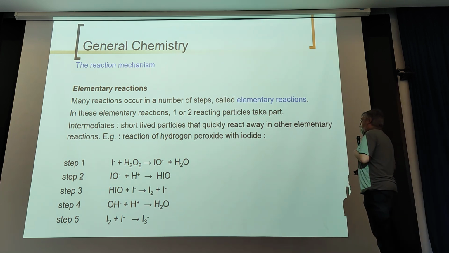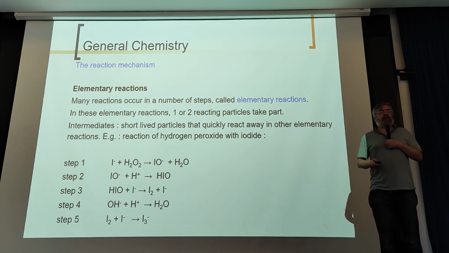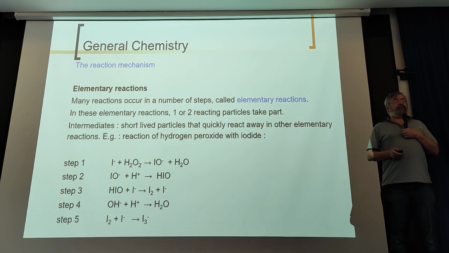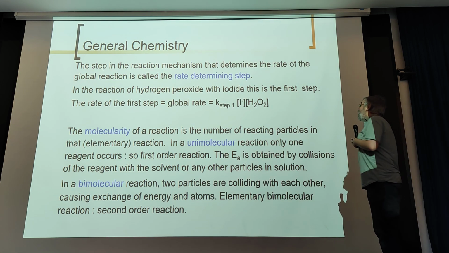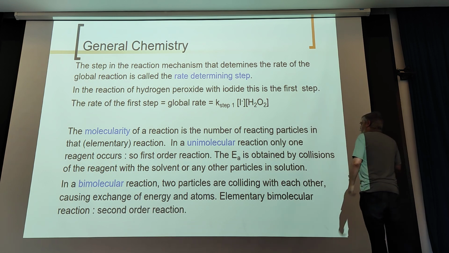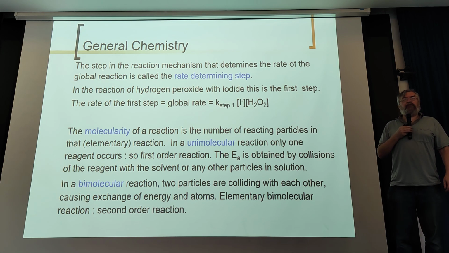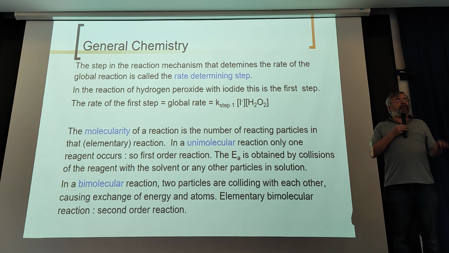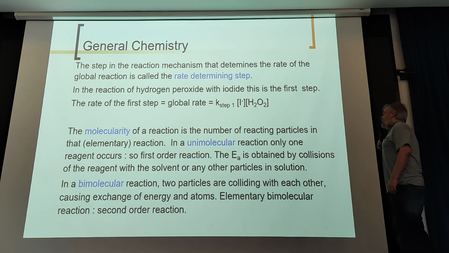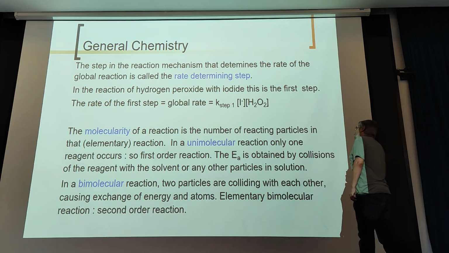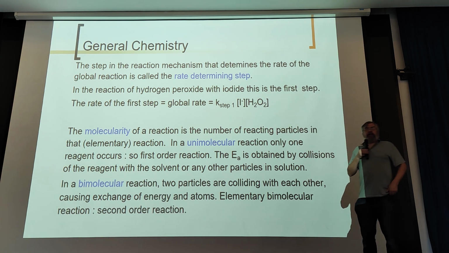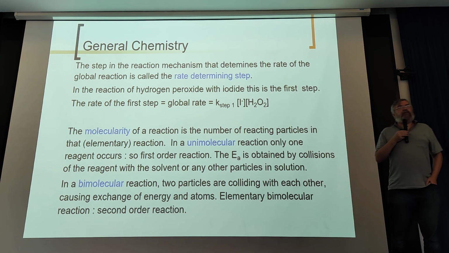And in this case, actually, the first step is the rate determining step. And this is the car in front of the queue, you could say. So that means the concentrations of the reagents, hydrogen peroxide and iodide, will be important because they come together in that first rate determining step. And in this context, we can talk about the molecularity of the reaction.